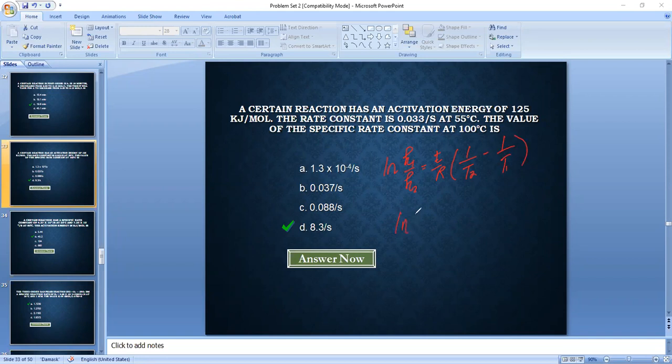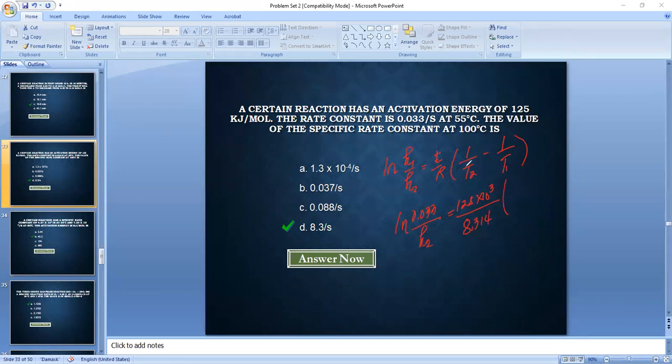You have ln of, so your first rate constant is 0.033. The other one is unknown, K sub 2. Your activation energy is 125 times 10 raised to 3 because it's in kilojoule. You use here 8.314, that's in joule.